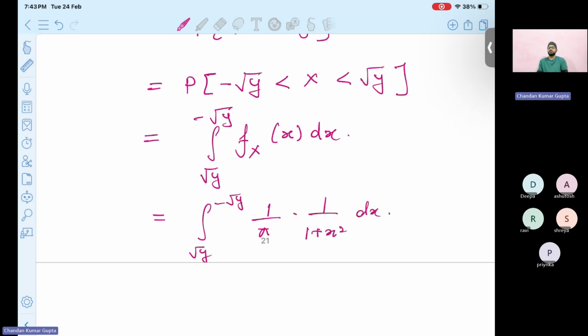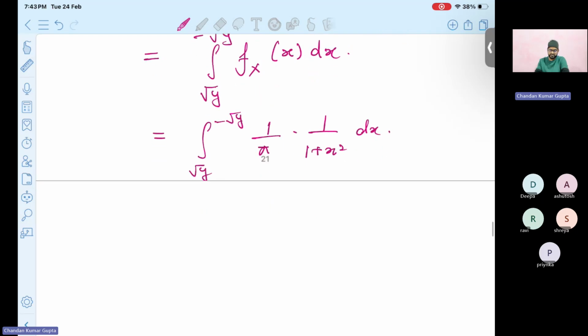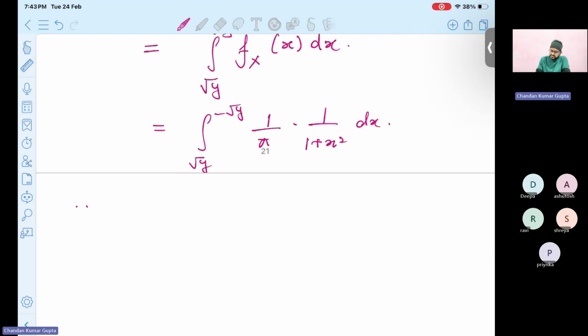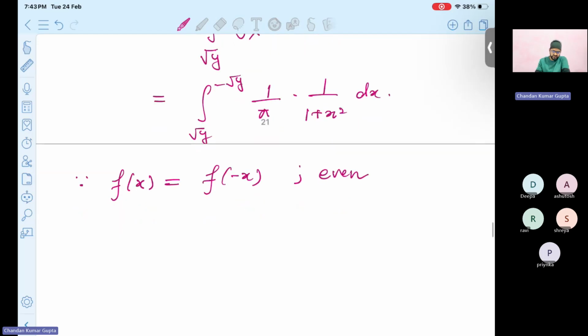Now see the function 1 upon (1 plus x square). It's an even function actually, since f of x equals f of minus x. And since it is an even function, we may write it like this.